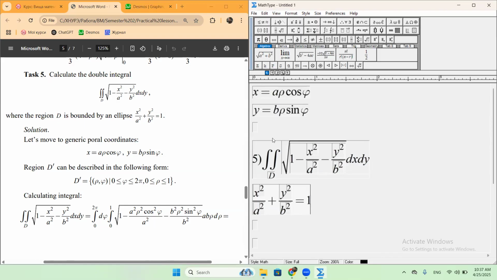If I substitute generic polar coordinates, what will I receive? a square rho square cosine square of phi divided by a square, plus the analogous term for the semi-axis along y: b square rho square sine square of phi divided by b square, equals 1.